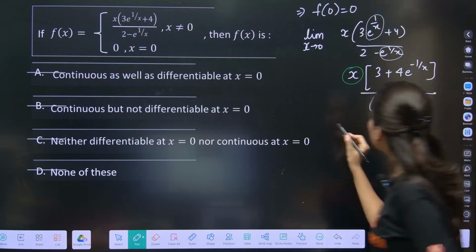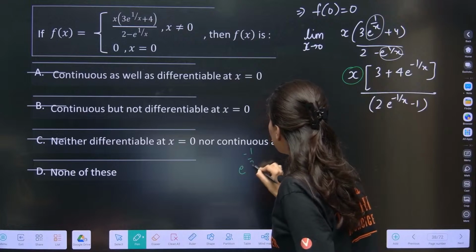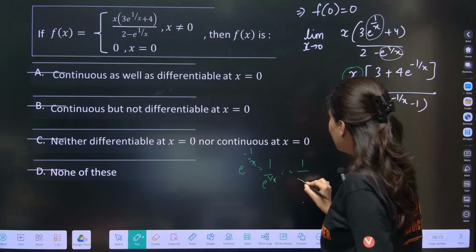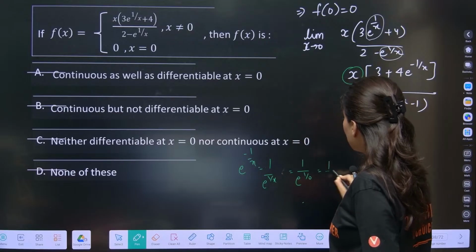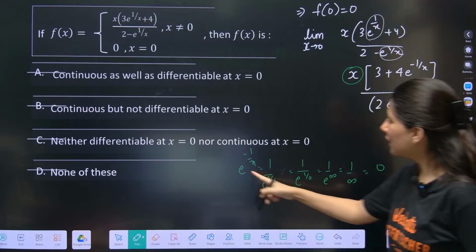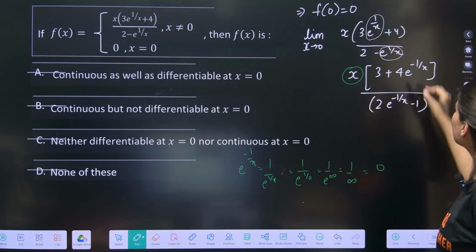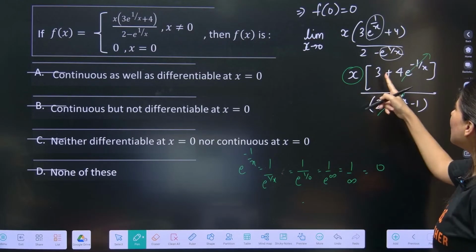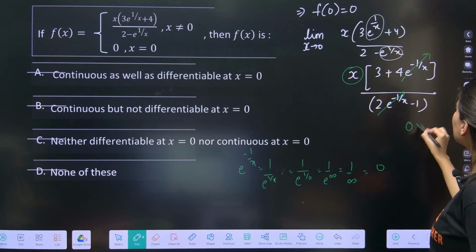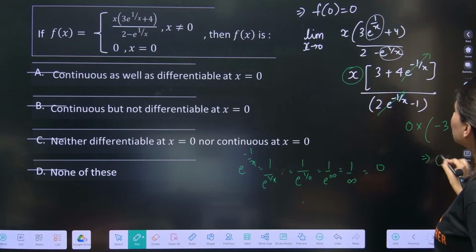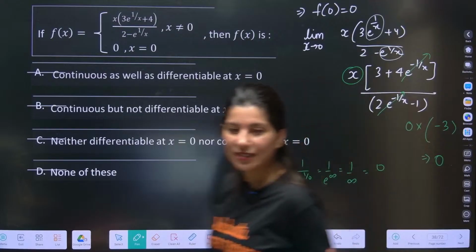See, understand. e power minus 1 upon x will be what? 1 upon e power 1 by x. Now if you put 0, 1 upon e power 1 by 0, 1 upon e power infinity, 1 upon infinity, 0. So e power minus 1 by x is becoming 0. So these two are becoming 0. So 0 multiplied by 3 upon minus 1, so 0. So that means the limit value is coming out as 0.